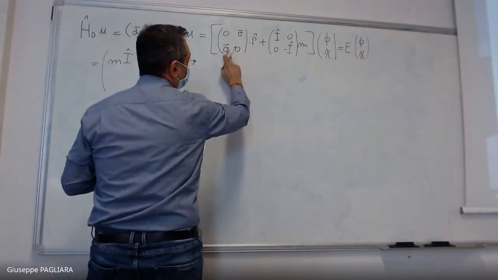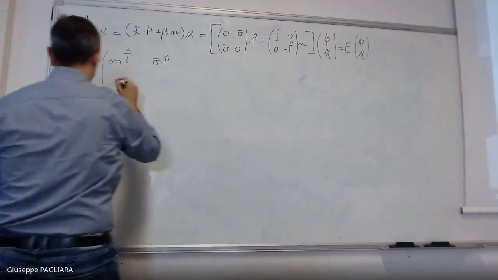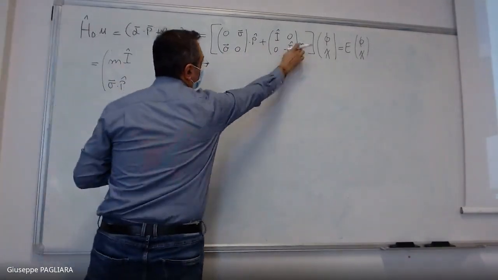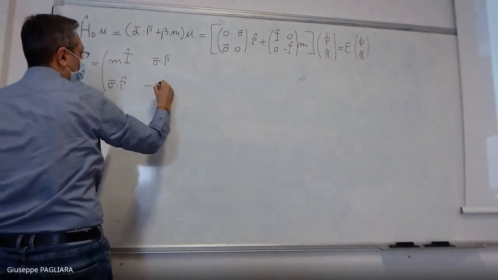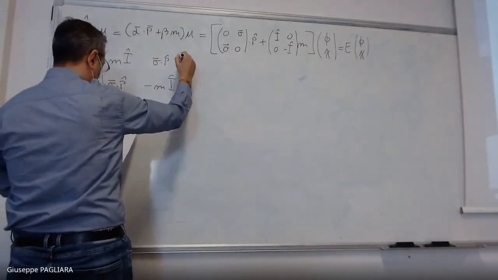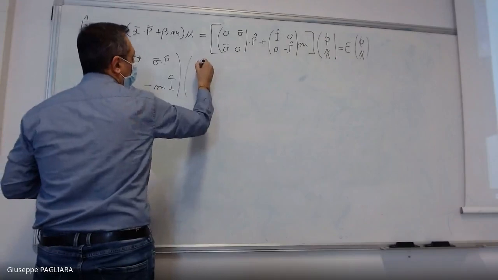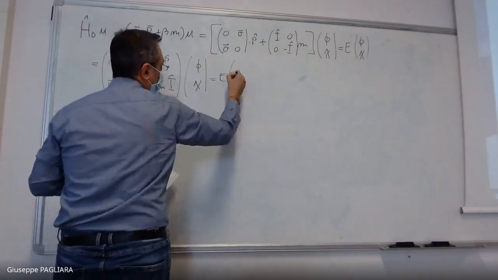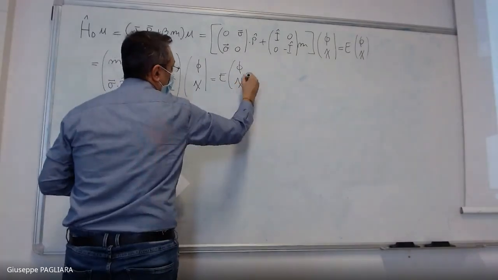In the 2, 1 position we have sigma p plus 0. And finally we have minus mI, so minus mI, acting on phi chi equal to E phi chi.